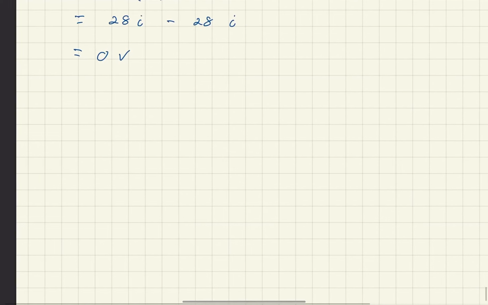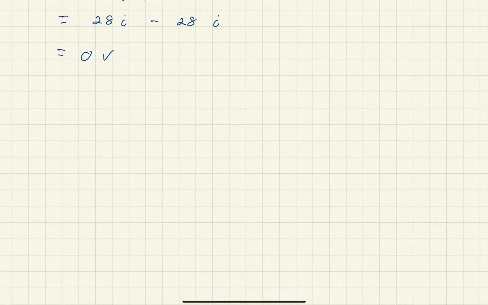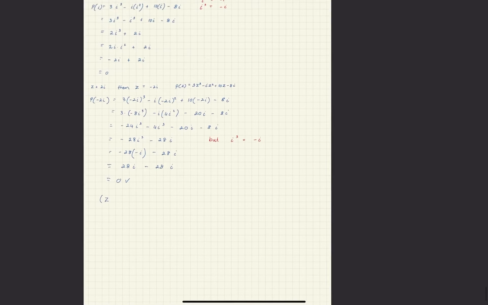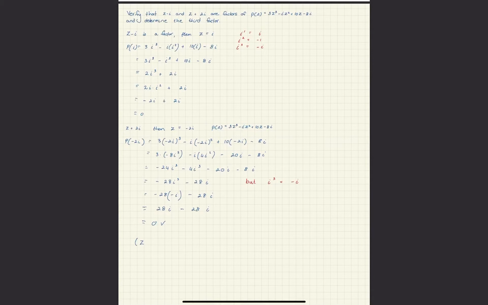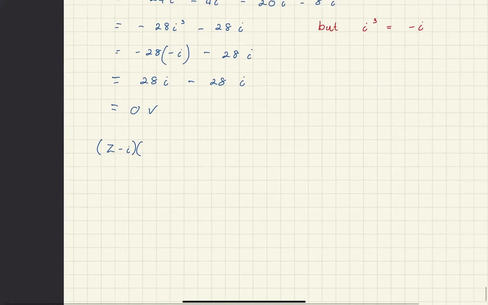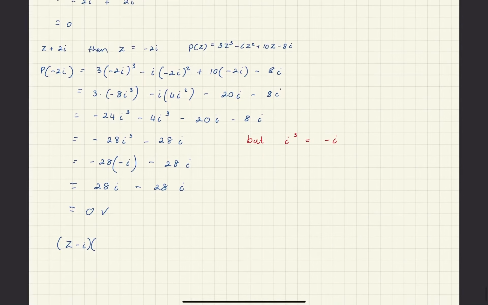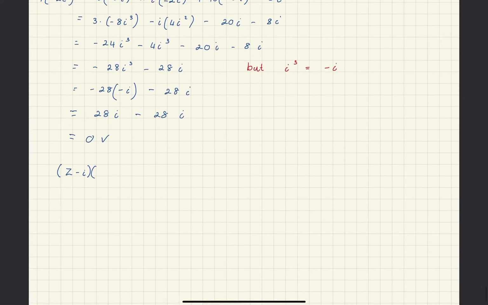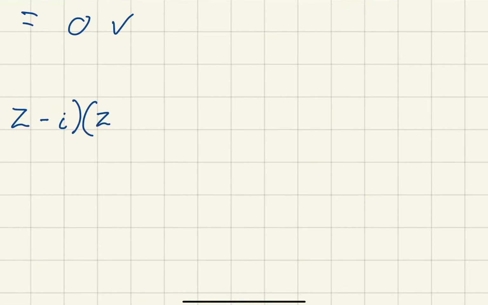So what have we got so far? We've got z take i and z plus 2i are our two factors, and now there's a third factor.